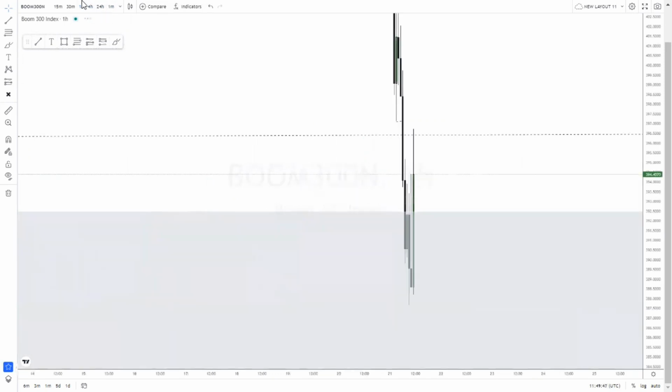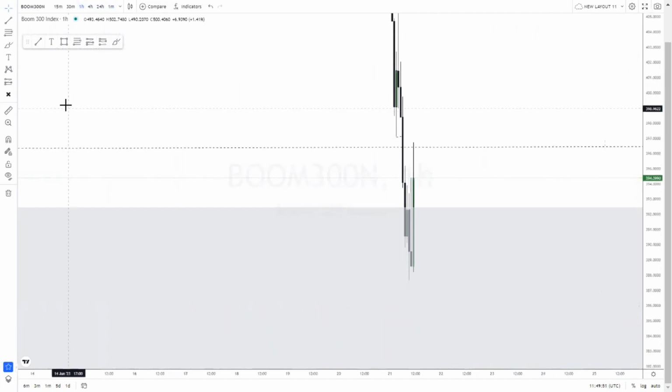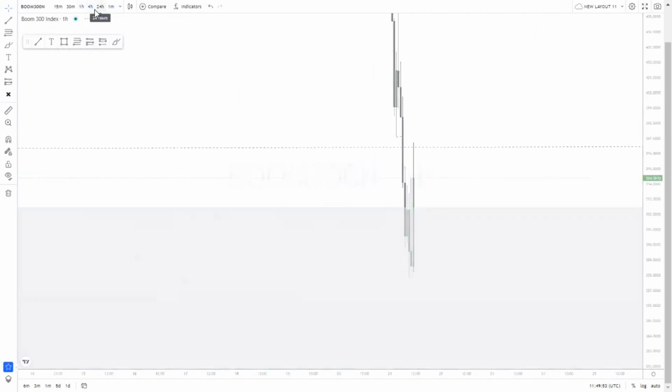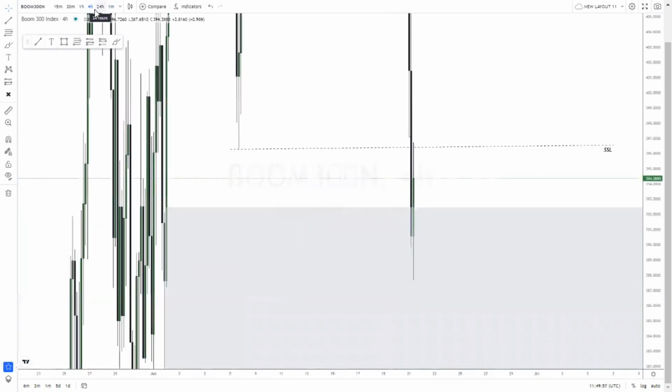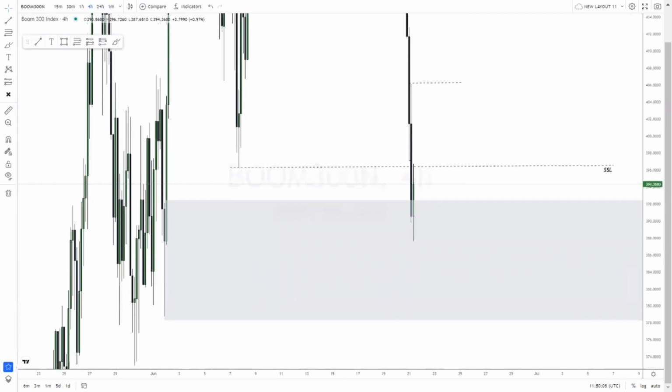All right. Now, I start from the daily time frame and then I see, okay, what's the daily time frame doing? If I don't have a very clear chart, I will then go to the H4 time frame, okay, to have a clearer view of what it is showing me. All right.